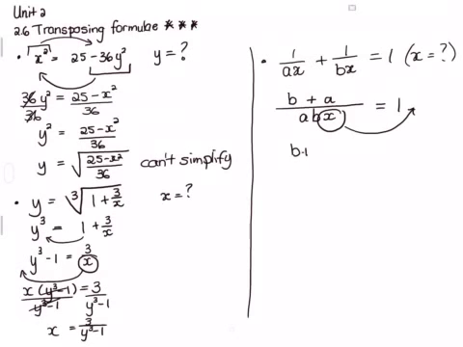So I can keep the AB here and just take the x across and multiply it by 1. Now when I have an equation, it doesn't matter which way round I write it. So whether I write b plus a over ab is x, or x is b plus a over ab, either way round, that's my final answer.